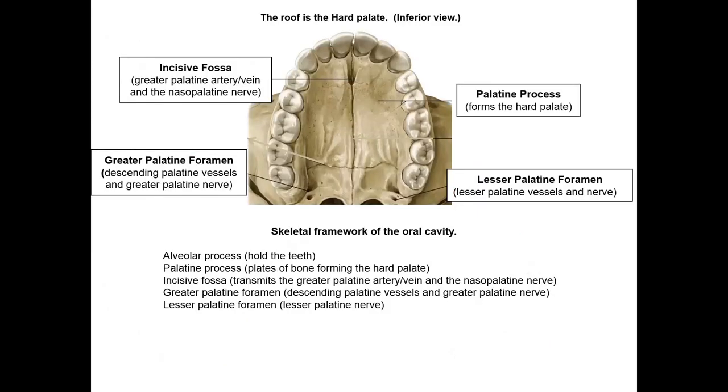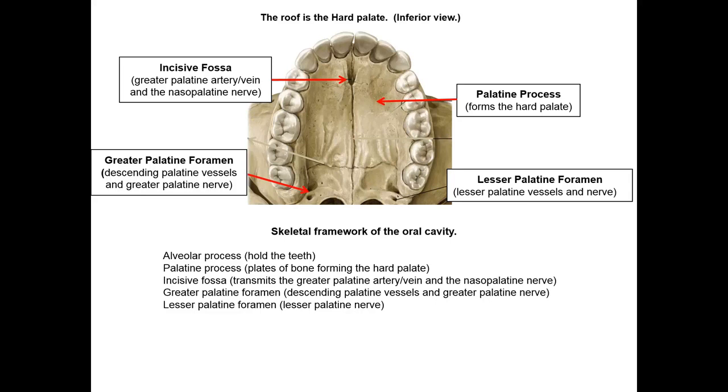Let's take a quick look at the roof of the hard palate and other structures. We have palatine processes that form the hard palate, and you will learn about this in your embryology series on the head and neck. There's an opening anteriorly called the incisive fossa, which transmits the greater palatine artery and vein and the nasopalatine nerve.